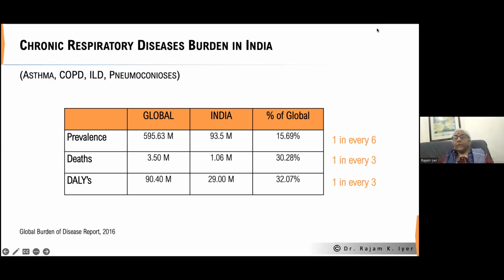You must also remember that it is across socioeconomic status: from domestic fuel, to bidi, cigarette, cigar, pipe, to outdoor air pollution, occupational and chemical exposures, and of course the recent pandemic. Please realize that the global burden of illness is really, really high in this country.